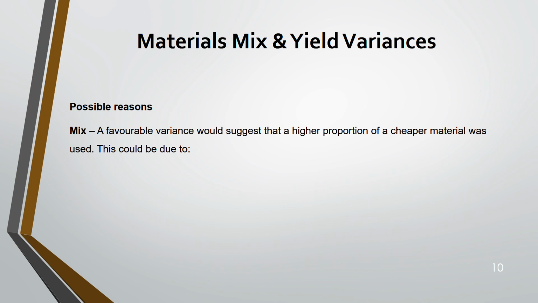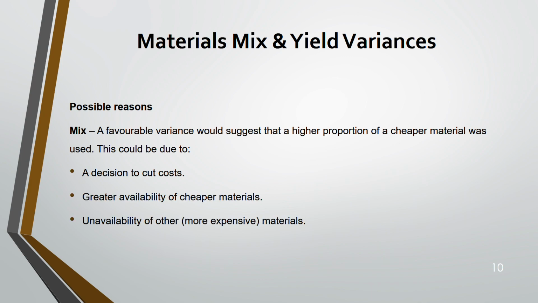And why might you use a cheaper material? Let's say you have decided to cut the cost, or cheaper materials are available, or other expensive materials are not available. Cost of other materials has risen, so it was decided to use less of the expensive material.